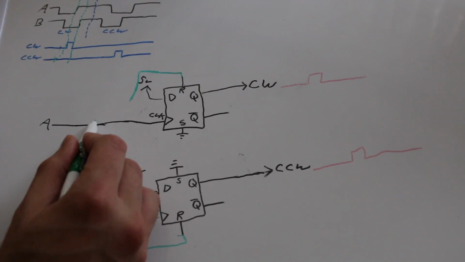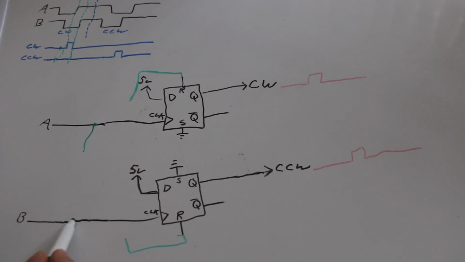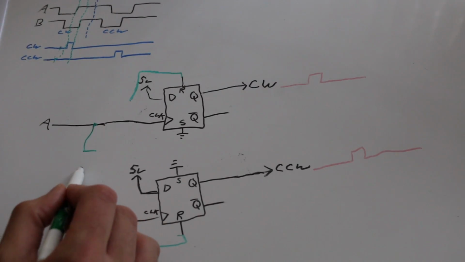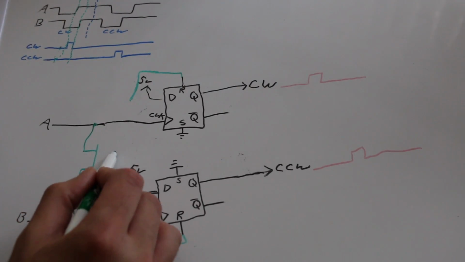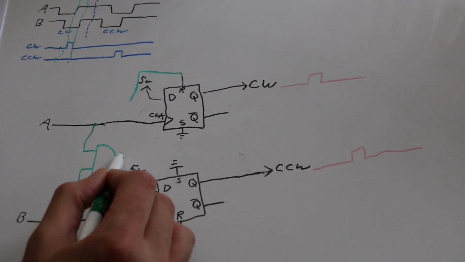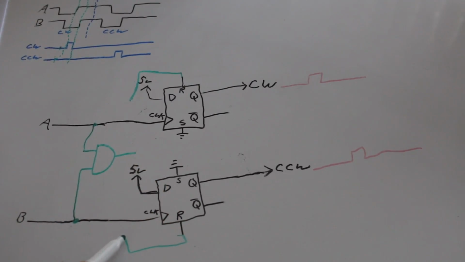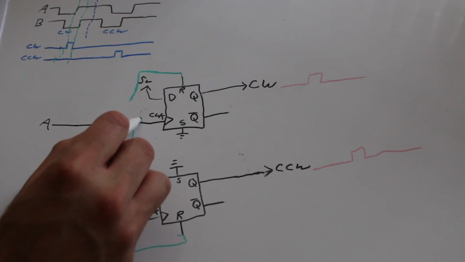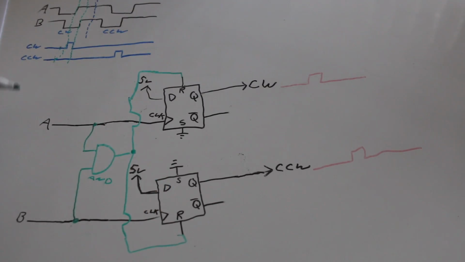When A and B are high, I want a signal to be high because reset is active high. So that's an AND gate. So now when A and B are idle, they're both high.